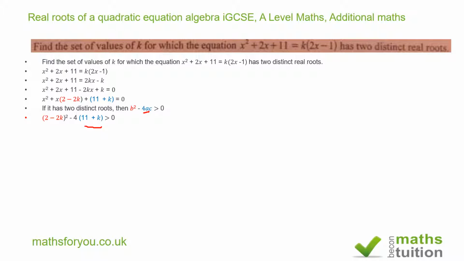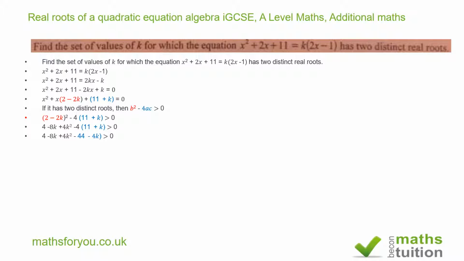Right, so now we should try and expand the brackets. First, the 2 minus 2k all squared gives us 4 minus 8k plus 4k squared. Expanding the other bracket, we end up with 4 minus 8k plus 4k squared minus 44 minus 4k is greater than 0.